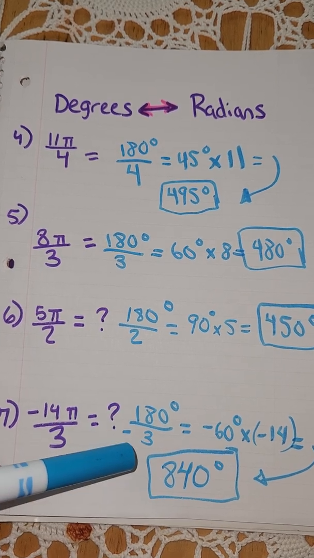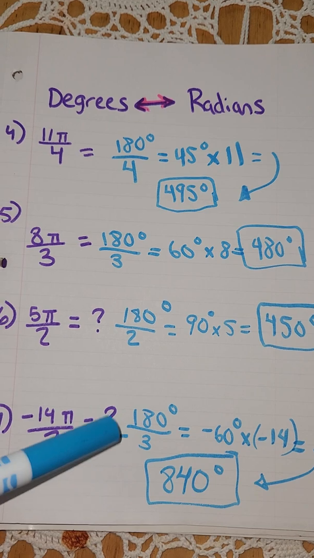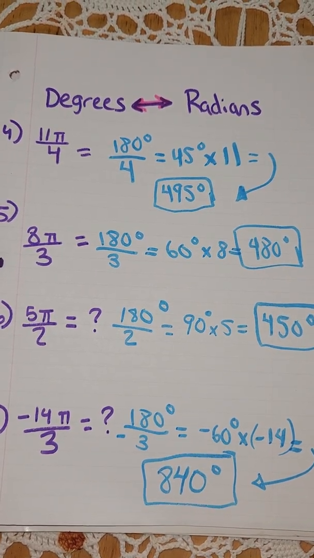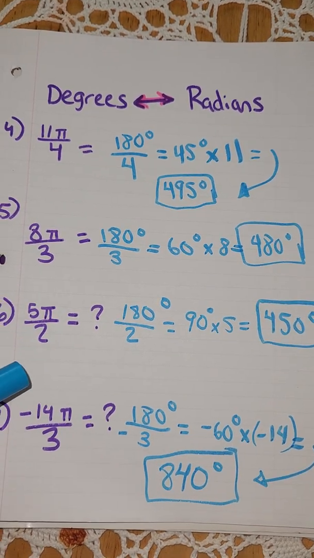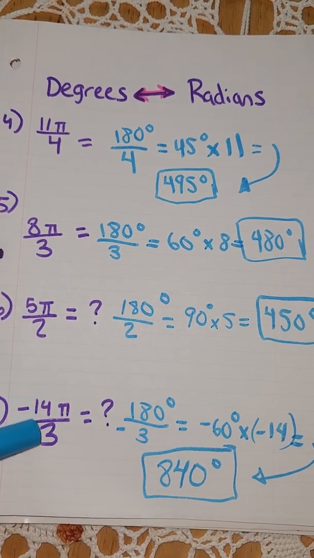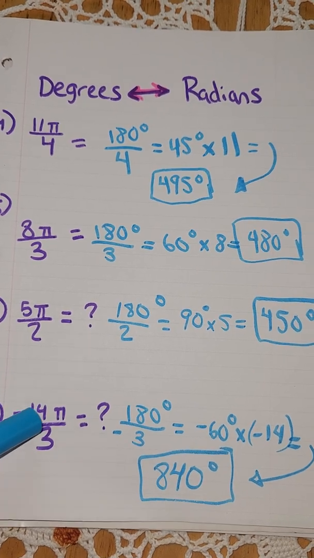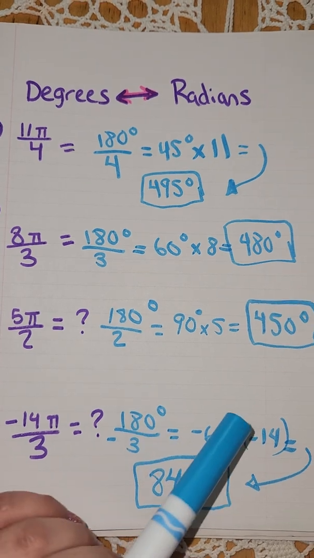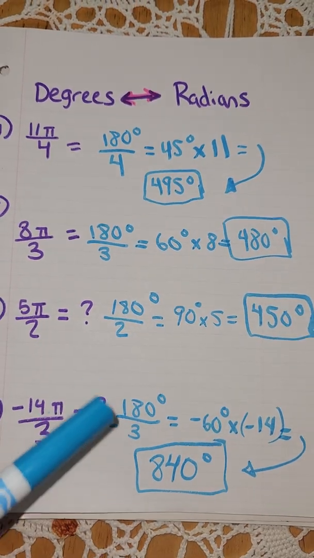The reason why I didn't put this in negative 840 degrees is because, 1, degrees are positive values, and also when I divided 180 degrees by the negative 3, because the negative corresponds to both numbers, the numerator and the denominator, I got negative 60 degrees times the negative 14. Negative times the negative is a positive.